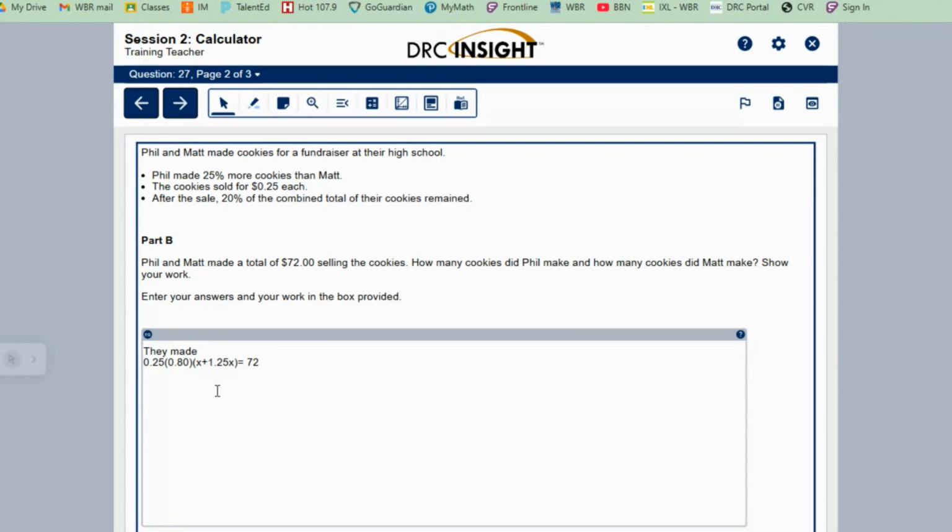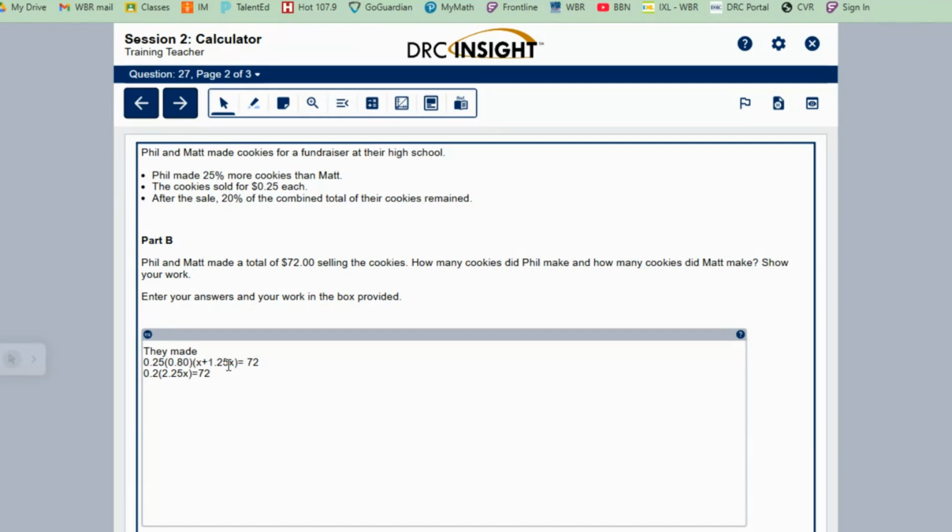To solve this, I'm just going to use the calculator. I multiply 0.25 times 0.8, and I get 0.2. Come down to the next line: 0.2 times, and inside the parentheses, I'm going to add. Remember, if there's no coefficient on the x, it's an understood one. So it'll be times 2.25, because I add 1x plus 1.25x, and that equals $72.